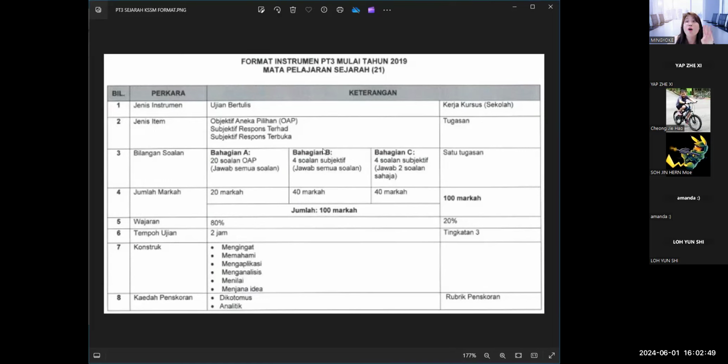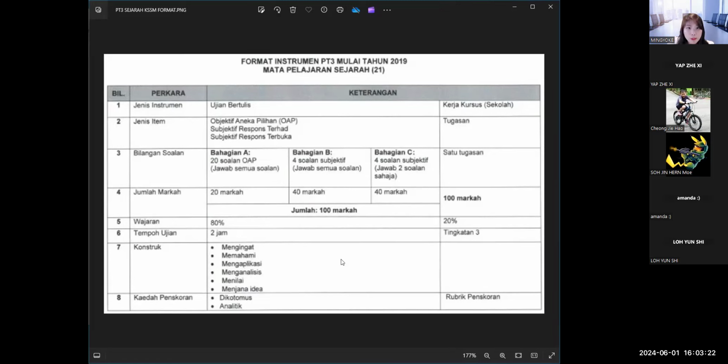Bahagian B is 4 structured questions, each 10 marks, totaling 40 marks. Bahagian C is 4 essays, and you only need to choose 2. One is 20 marks and the other is 20 marks, a total of 40 marks.